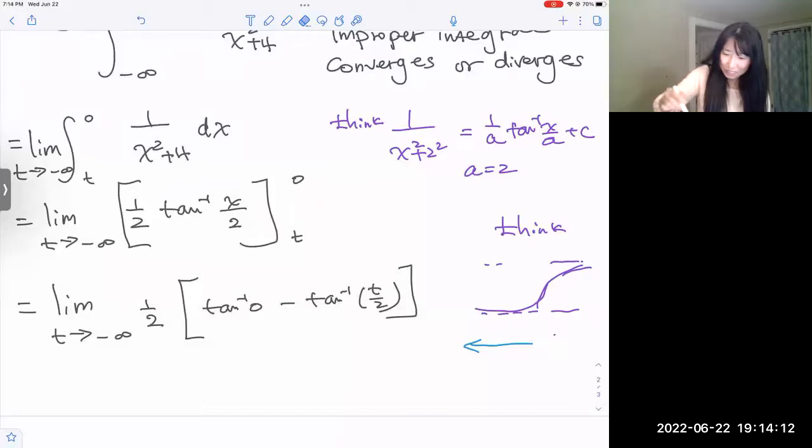The 0? Excellent. This is 0, yes. So we get 0, right?